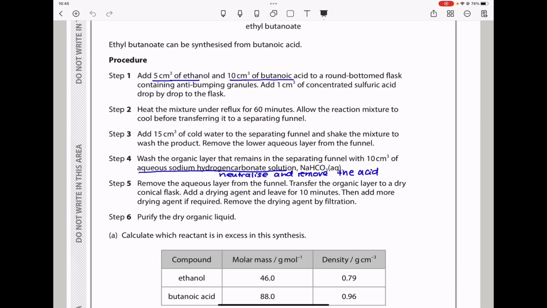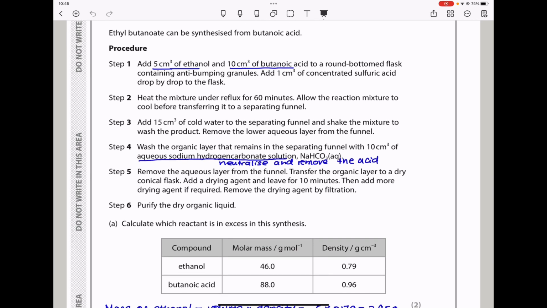In step 3, add 15 centimeters cubed of cold water to the separating funnel and shake the mixture to wash the product. Remove the lower aqueous layer from the funnel. And in step 4, wash the organic layer that remains in the separating funnel with 10 centimeters cubed of aqueous sodium hydrogen carbonate solution.